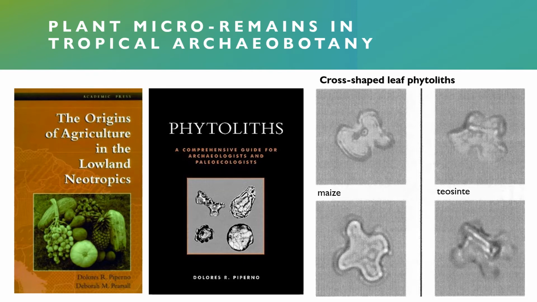In later research, Piperno investigated the morphological differences in cross-shaped forms from different grass species, including teosinte, the wild progenitor of maize. Such studies involve, besides morphological differences, a considerable amount of three-dimensional measurements and statistical analysis of those.